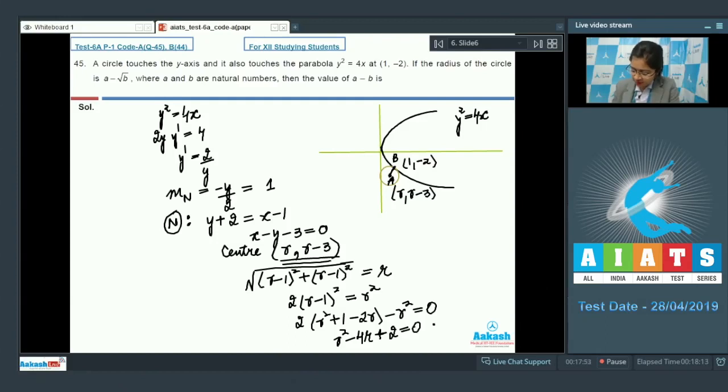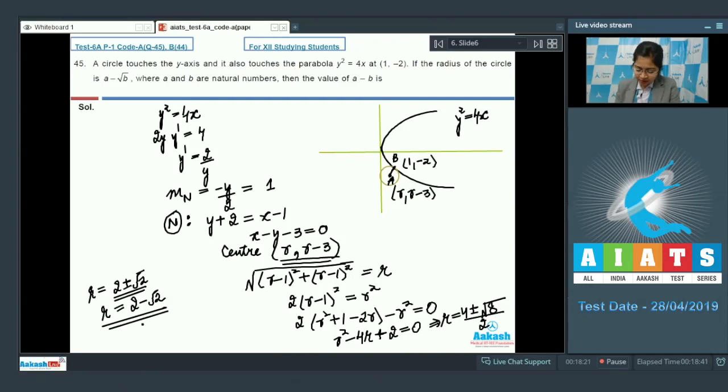So the value of r will be equal to (4 plus minus under root of 16 minus 8, that is under root 8) upon 2, that is, r is equal to 2 plus minus root 2. Now it can be observed from the diagram that the radius will be less than 1. So the required radius will be equal to 2 minus root 2.